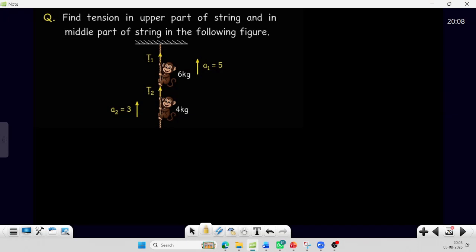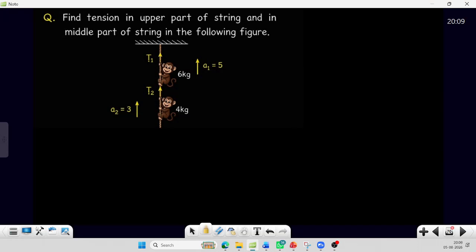Now two accelerations are there. We need to find both T1 and T2. It is the same string only: the two monkeys are hanging from the same string, one over the other, and both are moving with some acceleration. Now let's see.